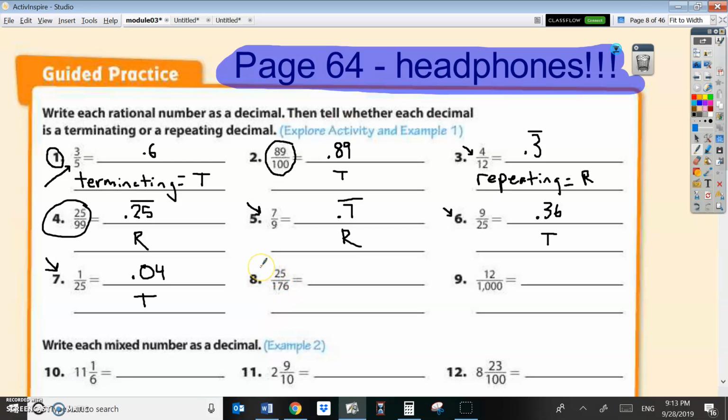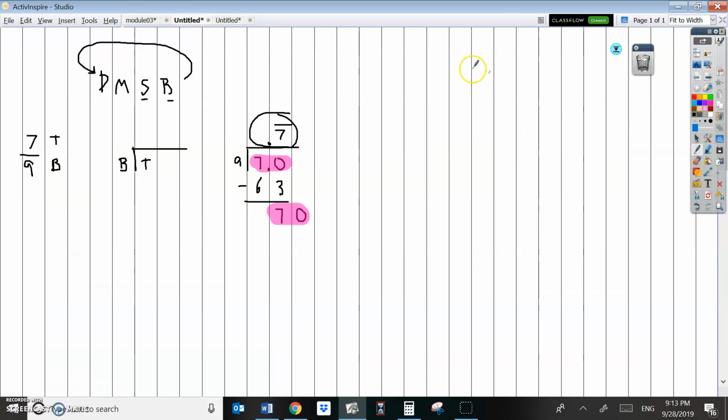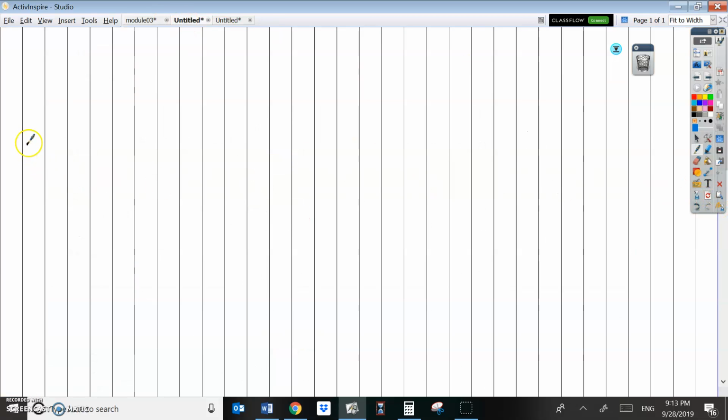25 over 176. Divide it. Put in a 0. Bring your decimal up. 176. Subtract. You get a 4 here and a 10 here.